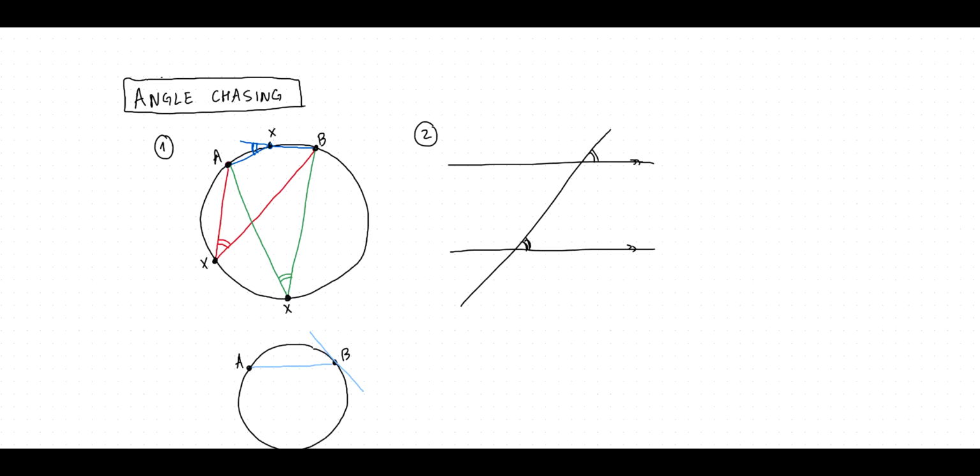This is the angle that goes from XA to XB, not from XB to XA. If you go from XB to XA, then it's counterclockwise. If you go from XA to XB, it's clockwise. And when you pass here, it's the same thing. You move XA to XB clockwise and you get this angle.